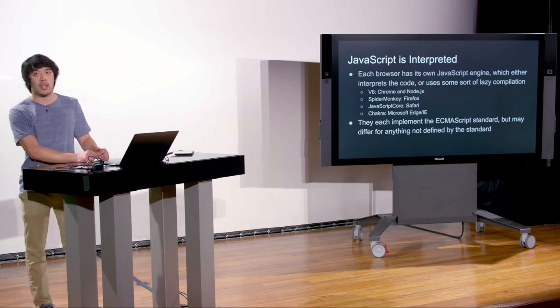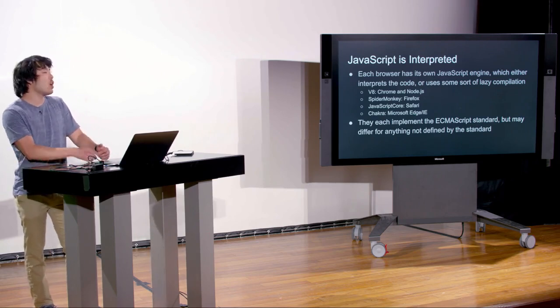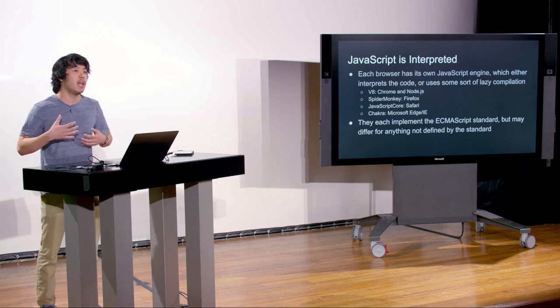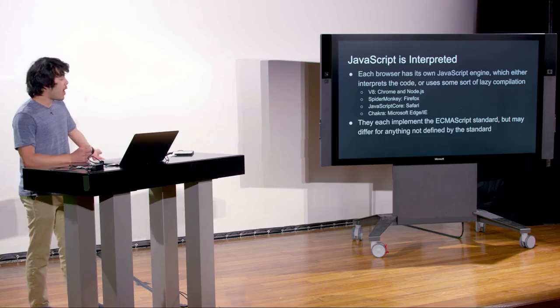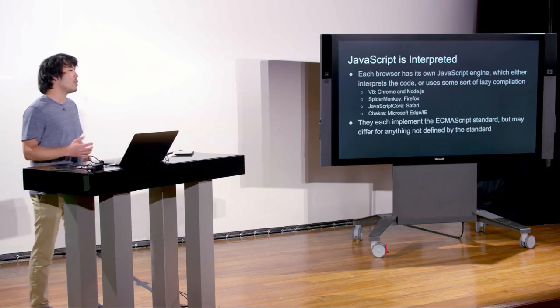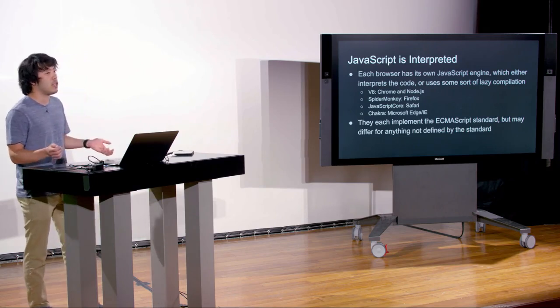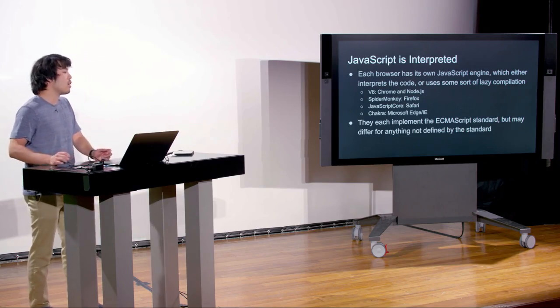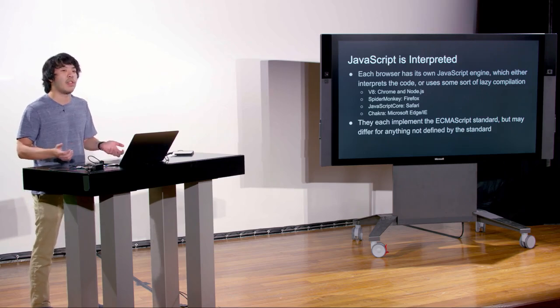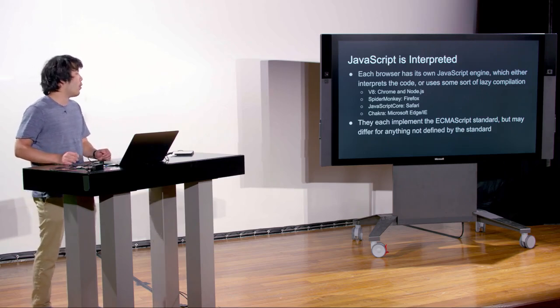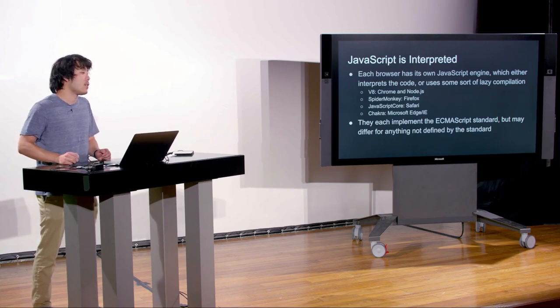That association is in charge of putting out a spec, meaning, hey, I know you guys have this language, but this is exactly what this language needs to do. And for every single function, this is exactly how this function should behave. And so each of these browsers, the engines in the browsers, actually implement this standard. But there are some functions where the standard is a little bit hazy, or maybe it doesn't even define this particular function. And there's no hard line of exactly what that function should do. So they may differ for anything not defined by that standard.